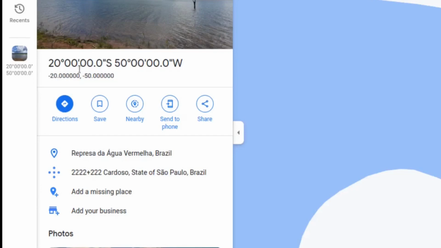Each degree of latitude or longitude is divided into 60 minutes, and each minute is further divided into 60 seconds. So here we have minutes and seconds. And also for longitude, W stands for west of the prime meridian, because here is negative, and minutes and seconds.